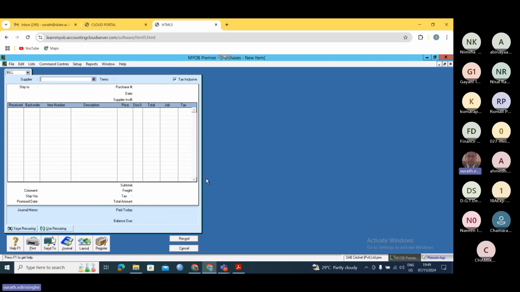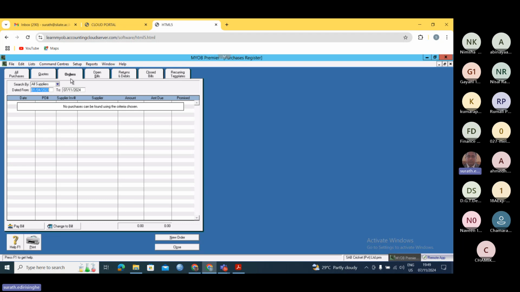Then all the items are transferred from order status to bill status, GRN status. How do you look at this transaction? Go to the register. Now remove the order. Now it is on the GRN bill status.